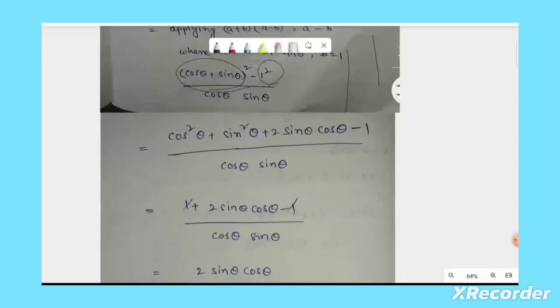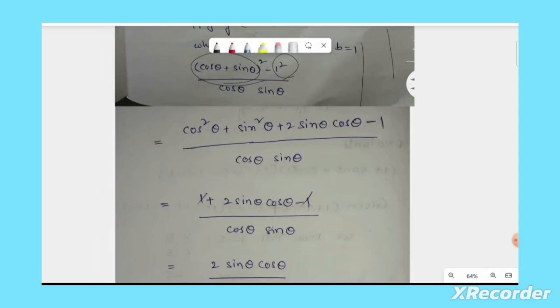Now I'm again splitting a plus b whole square, which is a square plus b square plus 2ab, so 2 sin theta cos theta, and 1 square is 1. And the denominator cos theta sin theta I'm writing as it is.